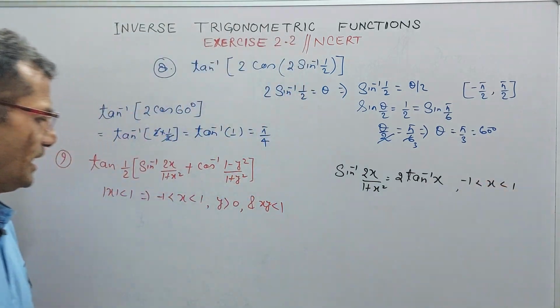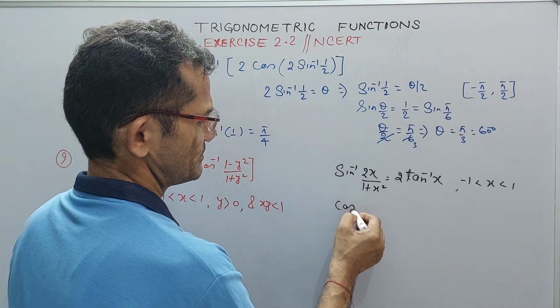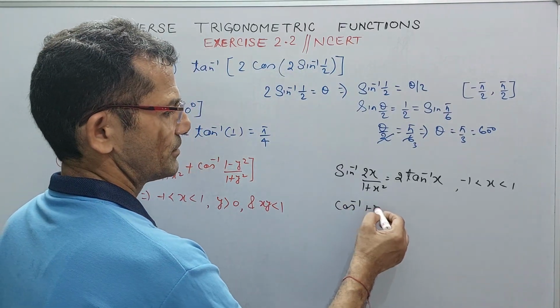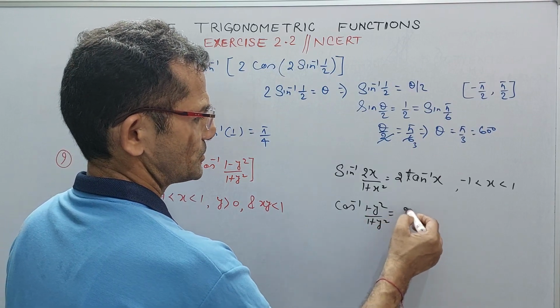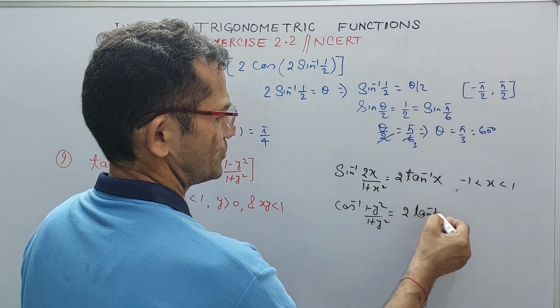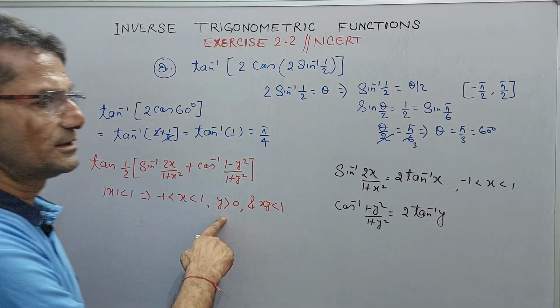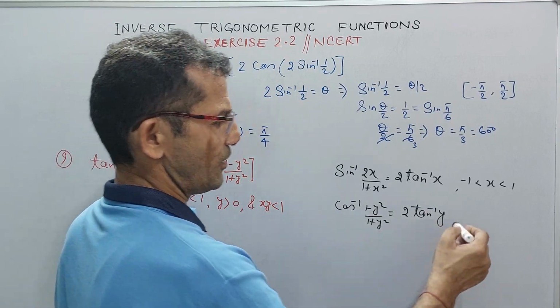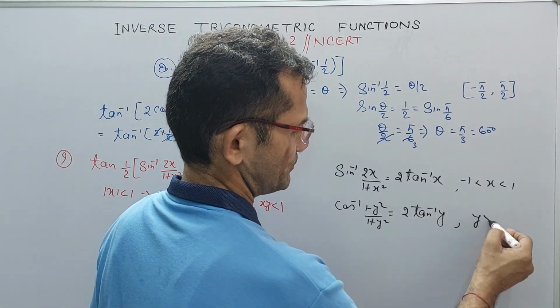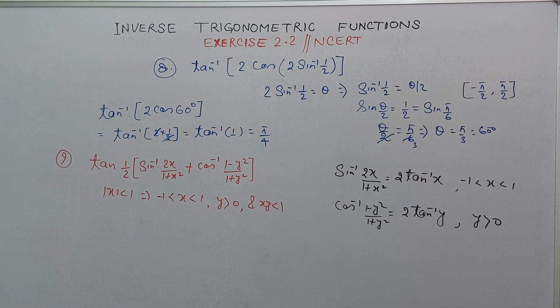And for cos inverse in the same way, cos inverse of 1 minus y square divided by 1 plus y square is equal to 2 tan inverse y. The condition is that y should be greater than 0. You can convert cos inverse into this only when y is greater than 0.